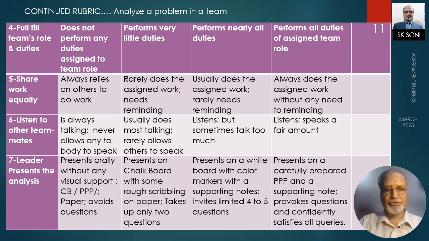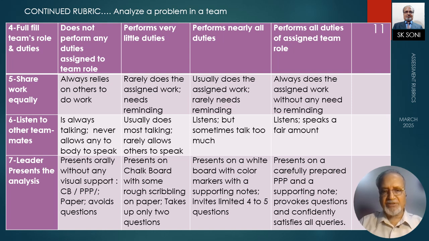This is the continued rubric, Analyze a problem in a team. So, for the 7th sub-criterion, leader presents analysis. For lowest performance, presents orally without any visual support, or on the chalkboard or PowerPoint presentation, and avoids questions.